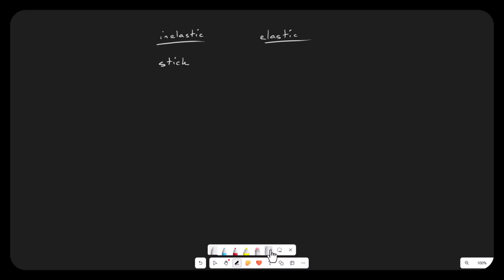Maybe I'll write it this way. If they stick together, we are definitely inelastic, definitely not elastic. If they bounce off each other, we could be inelastic, we could be elastic.